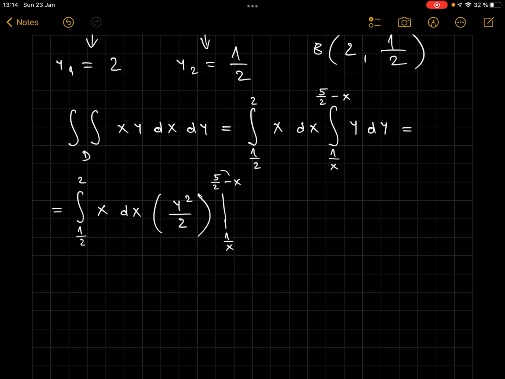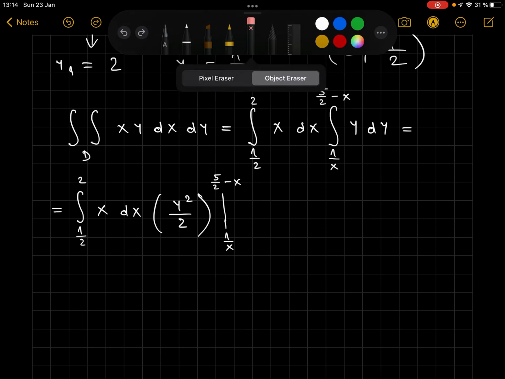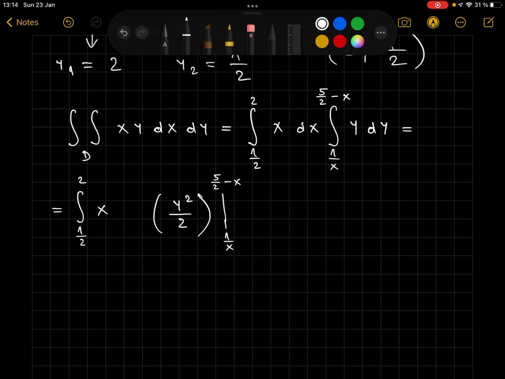And of course, this part is going to be a function of x once we utilize the Newton-Leibniz formula. So we'll just put in dx right here.